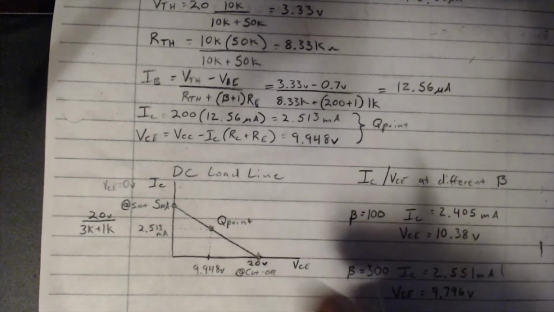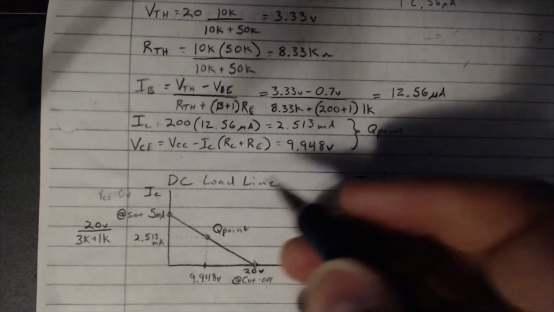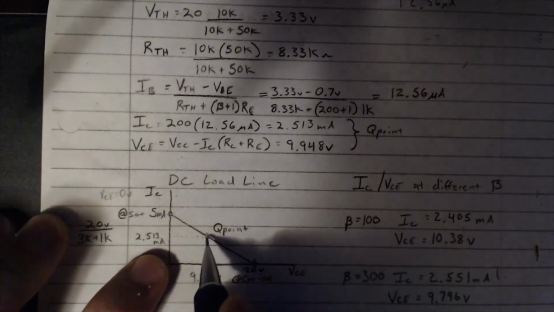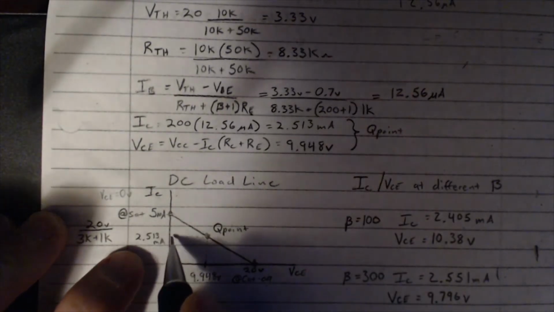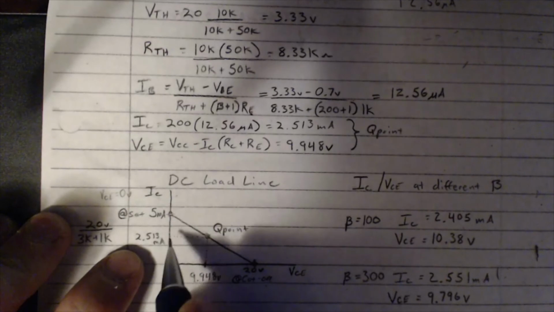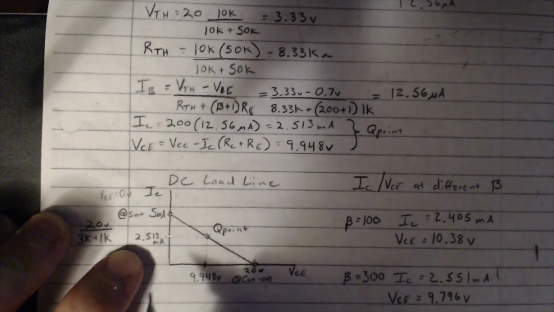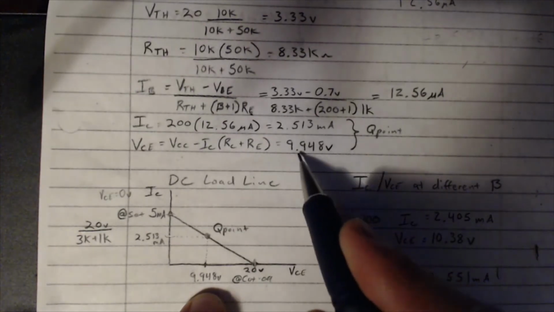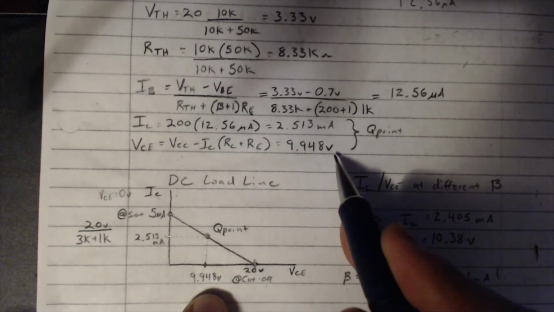We found that IC was equal to 2.513. Well, that's about halfway between 0 and 5 milliamps, so I went ahead and marked that here. And we found that VCE was 9.948 volts.